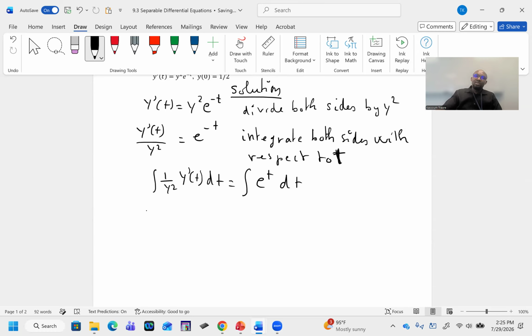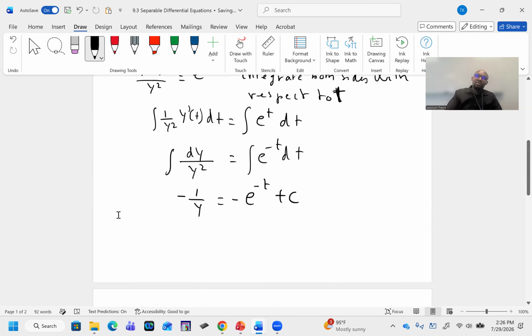Or my y prime t dt is what? dy, right? So this means the integral of dy over y squared is equal to the integral of e to the power of negative t dt. So we know the antiderivative of dy over y squared is negative 1 divided by y, equal to the antiderivative of e to the power of negative t, which is negative e to the power of negative t plus c.